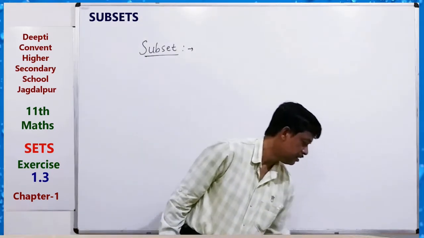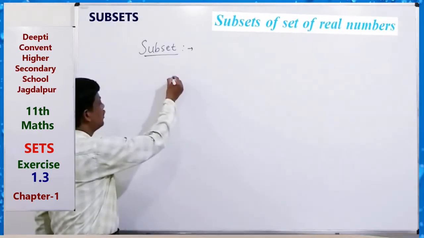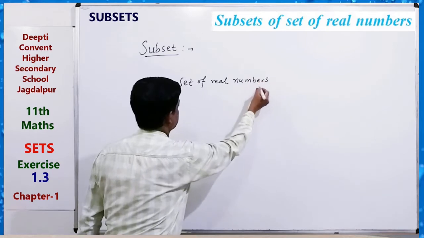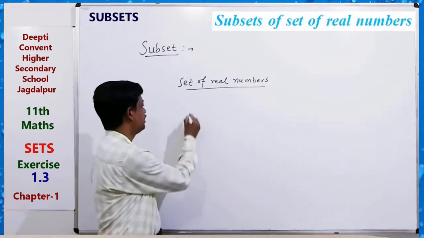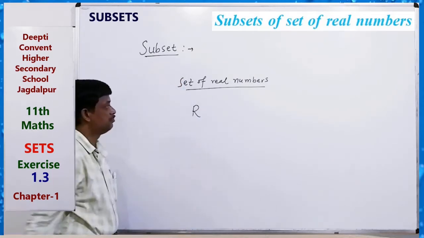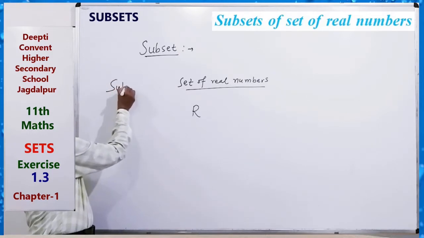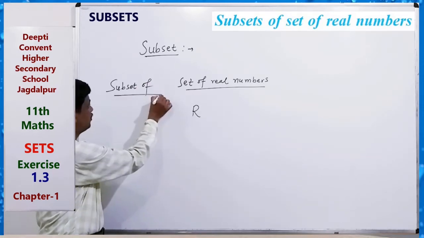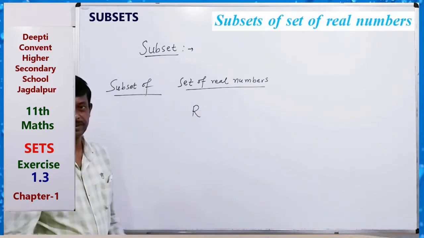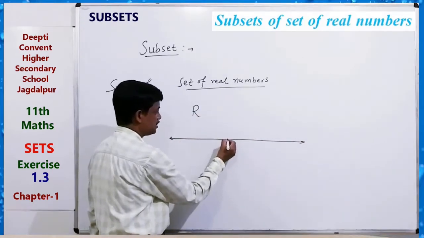Here we know the set of real numbers, which we represent by R. Now we are discussing subsets of the set of real numbers. Set of real numbers, we know that, is all the numbers which can be represented on a line.